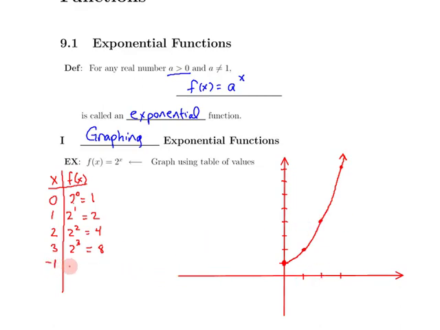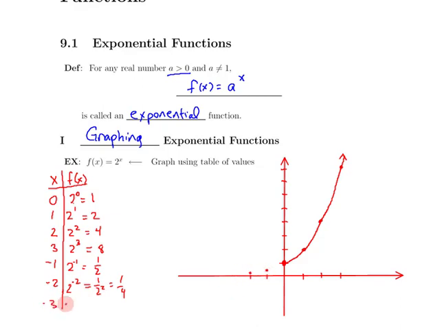What do I get if I plug in -1? 2 to the minus 1, you'll remember, means 1 over 2 to the first, or 1/2. So at -1, I have a point at a height of 1/2. If I plug in -2, that's 2 to the minus 2, or 1 over 2 squared, which is 1/4. So I go over -2, I have a height of 1/4, which is half as high as the previous one.